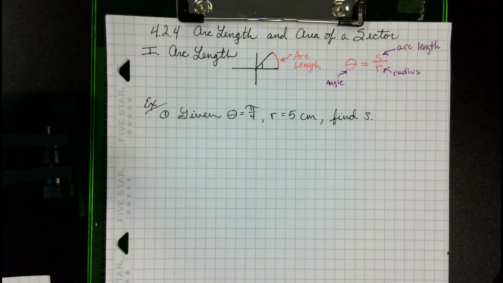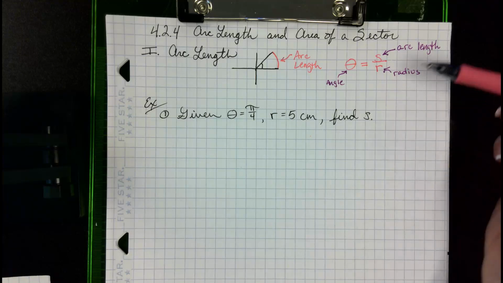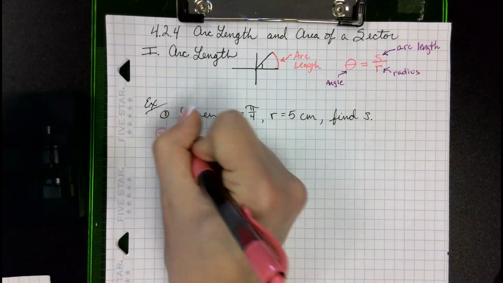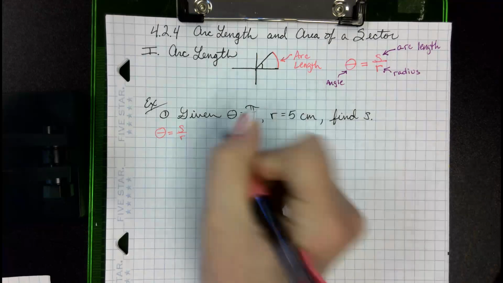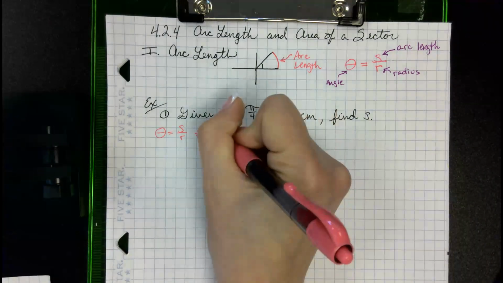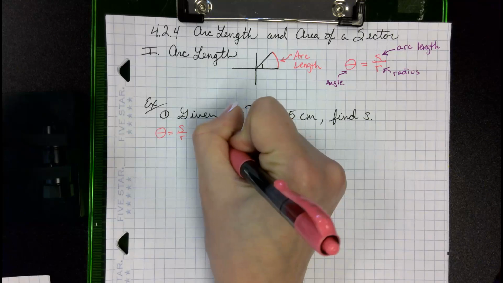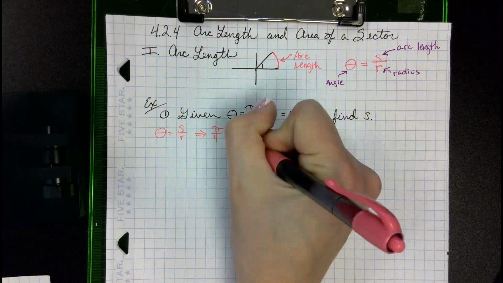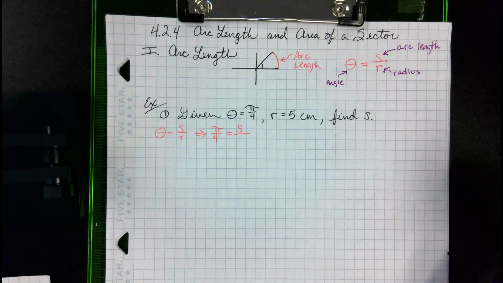Okay, so I'm going to use the formula that I just gave you right here, which is theta equals S over R. So if theta is pi over 4, that goes here. And that is equal to S, but I don't know what S is, so I leave an S, over the radius.